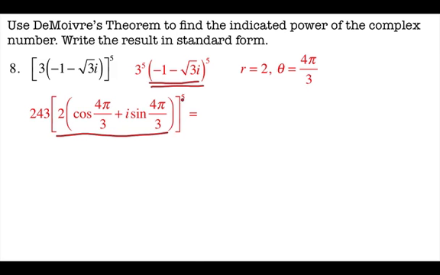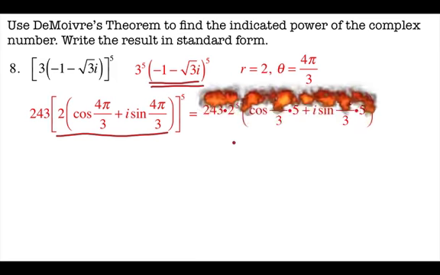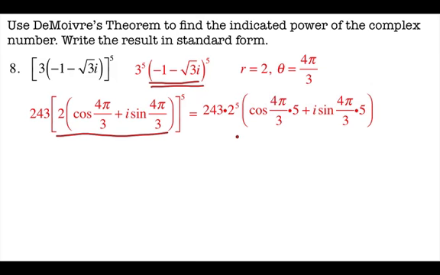So now I apply De Moivre's theorem, give this exponent to this base, multiply this 5 times the angles. I get the following, and then I'm going to simplify this a little bit. Once you multiply, this becomes 7,776. When you multiply this radian times this 5, you get the following.